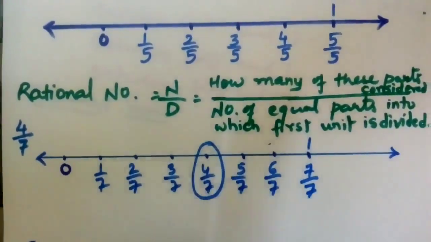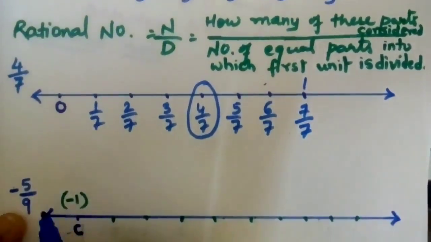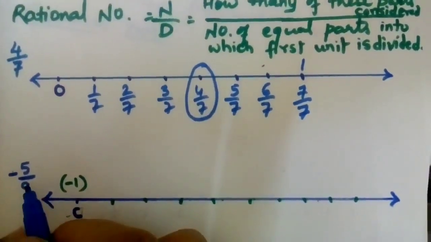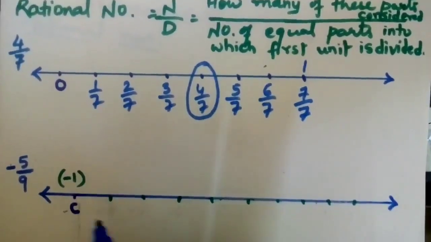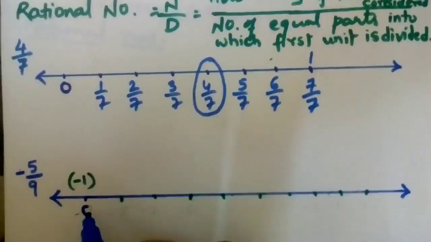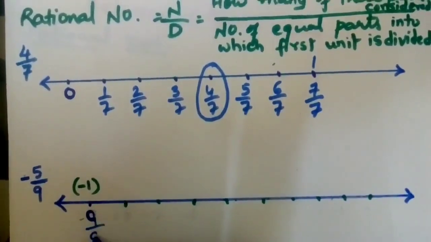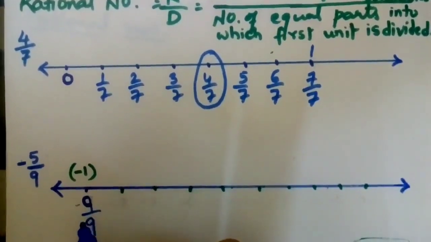Now let us see minus 5 upon 9. This number is negative, so it will go on the left side of the number line. We divide it into 9 equal parts.